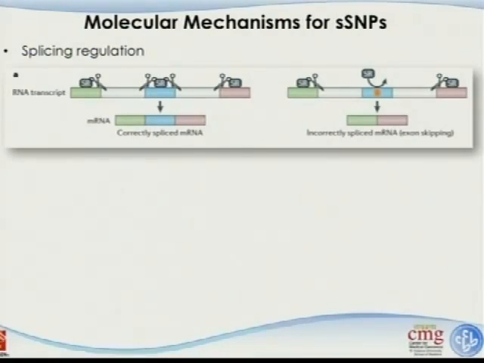If the SR protein can bind there, that will promote this type of final product. But if there's a genetic variation in this region, although it doesn't change the amino acid sequence, it can potentially affect whether this protein binds here or not.